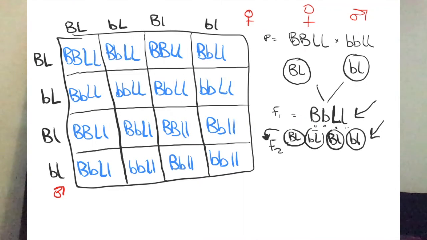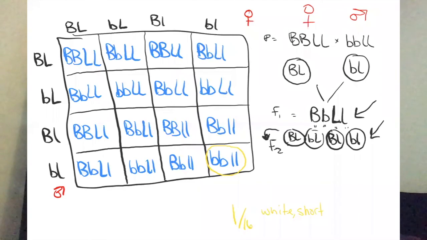So then you want to know how many of each phenotype. You can count them out. I always start in the lower right-hand corner, because for some reason that's easier for me. One individual is little b, little l, so we're going to have 1 out of 16 displaying the white short trait.